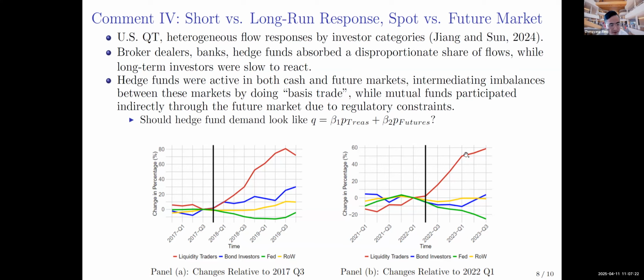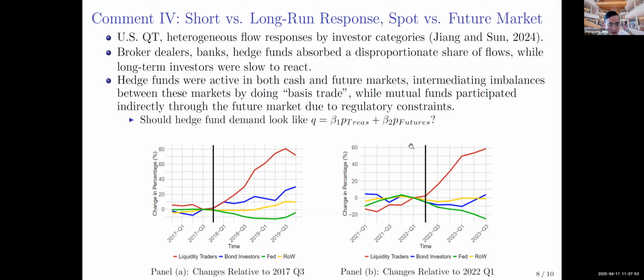But now the natural question is to potentially think about an extended version of the demand equation. I understand that this might require more data and more instruments, but I just want to say that if you think about the hedge funds, which seem to play a big role here in this paper as well, maybe their demand function looks like a function of the price in the spot treasury market, and maybe the spread or the price in the futures treasury market, and their incentive is really driven by both of them.